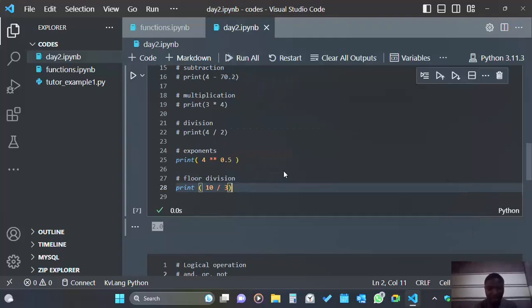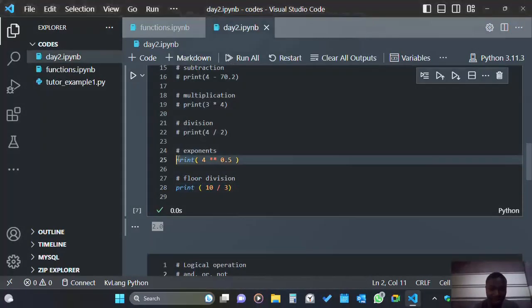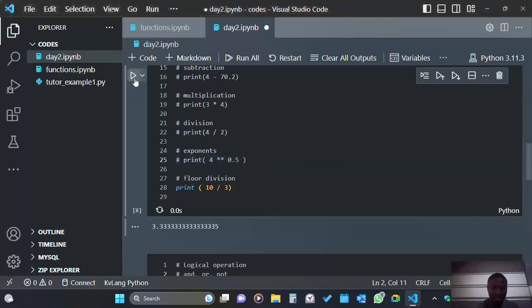Okay, let me show an example. 10 divided by 3 is going to give us 3.3333. Okay, a lot of 3's.